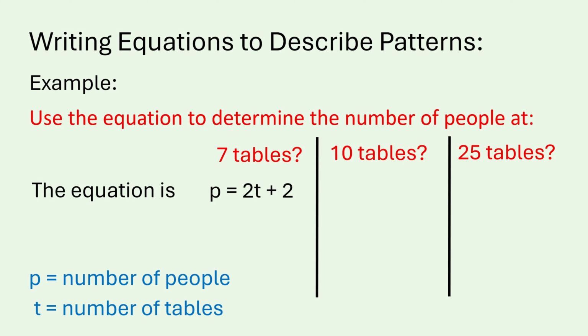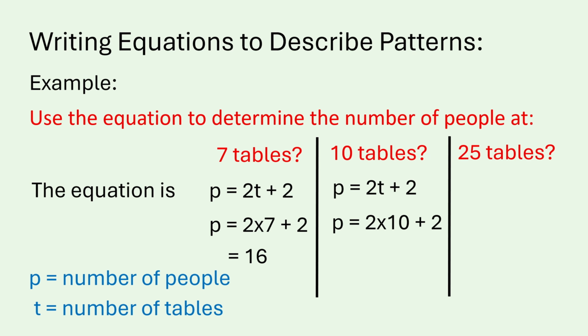For 7 tables, P is equal to 2 times 7 plus 2 is equal to 16. For 10 tables, P is equal to 2 times 10 plus 2 is equal to 22. For 25 tables, P is equal to 2 times 25 plus 2 is equal to 52.